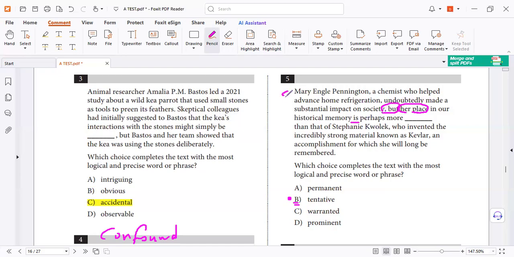So your answer is opposite to this point. You see, made a substantial impact, a strong impact. The opposite, not strong. And tentative means not strong, not definite, not known. You see, here positive, positive, positive. So letter B negative. But sometimes you must use the tone to help you.